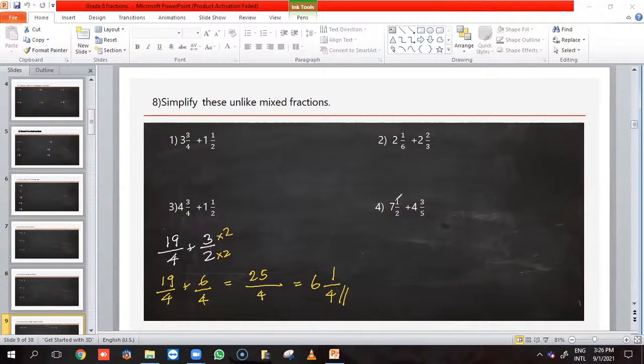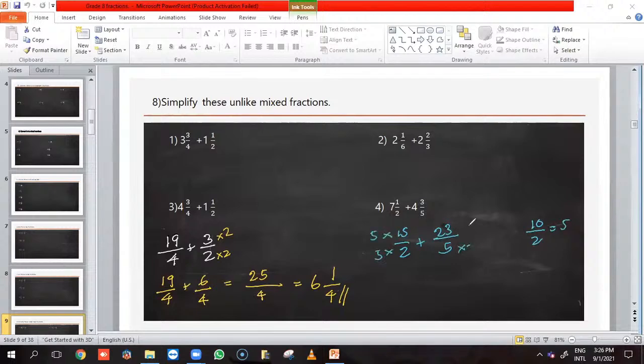2 times 7, 14 and 1, 15 over 2 plus 5 times 4, 20 and 3, 23 over 5. Want to convert this to a common denominator. LCM of 2 and 5. A number which is divisible by both 2 and 5 is 10. 10 divided by 2, that is 5. So by 5, this is also by 5.